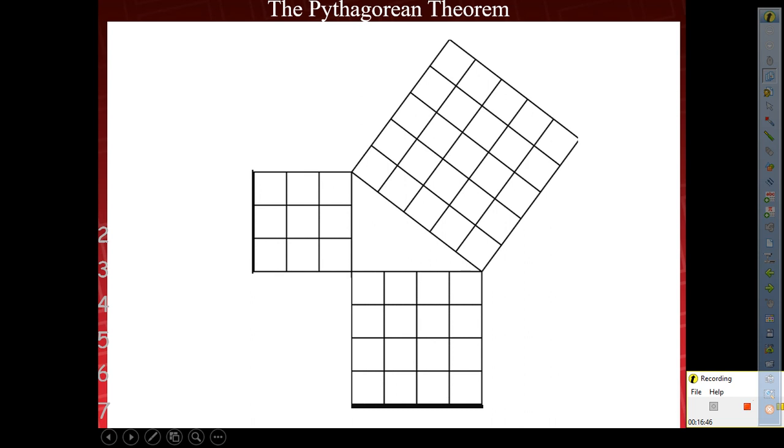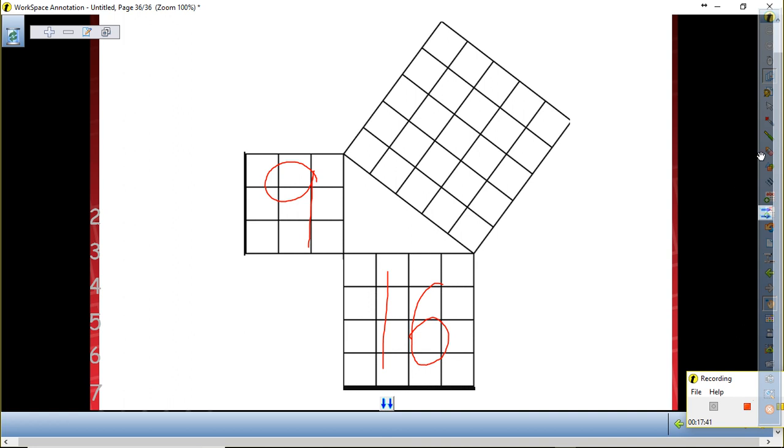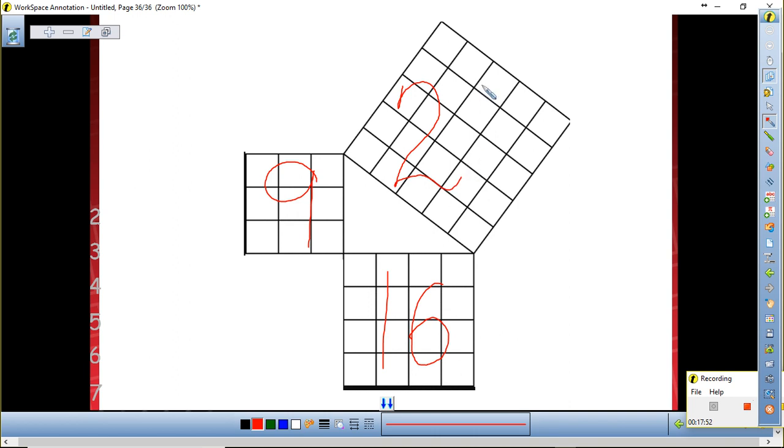Anyone else? Let me help you in case you don't see it. Hands if you see it. Couple more. Hands if you see it. Okay, talk it over there. Let them know what is the relationship between the legs to the hypotenuse.